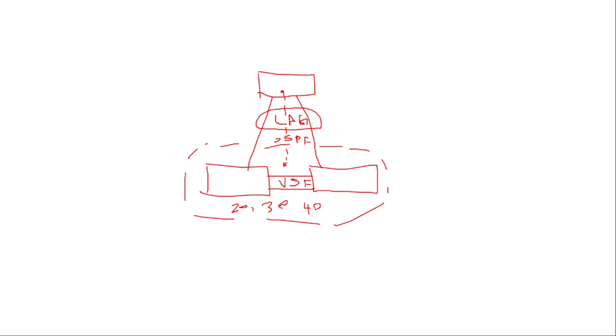But OSPF adjacencies should not happen through these newly created SVIs for VLAN 20, 30 and 40. So OSPF adjacencies should not be there. Only VLAN 10 should have OSPF adjacencies.